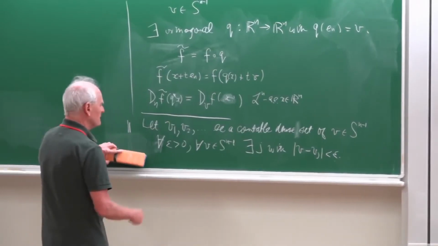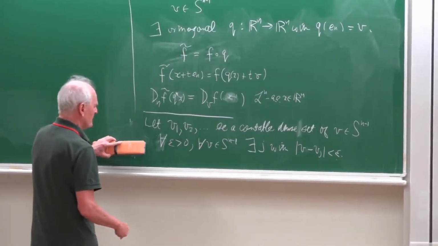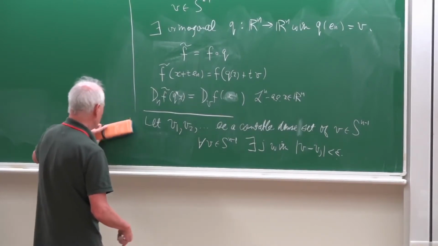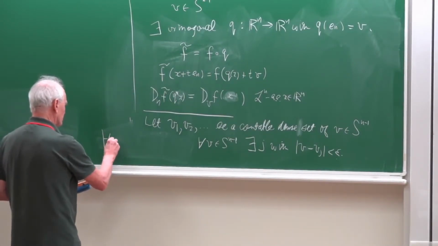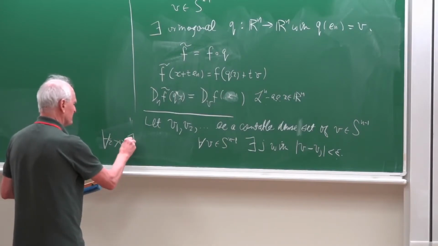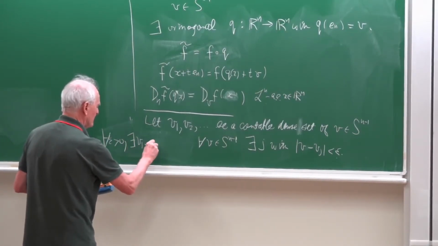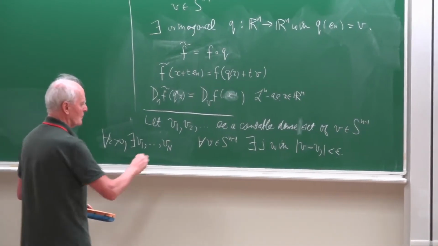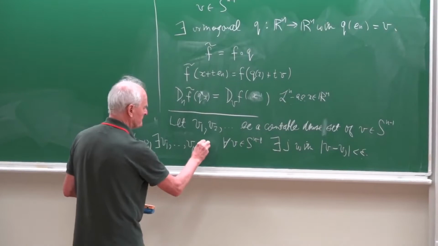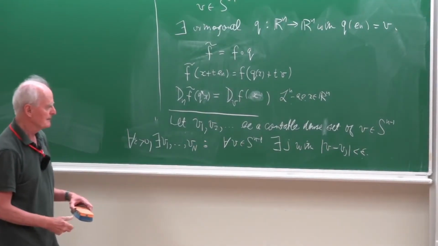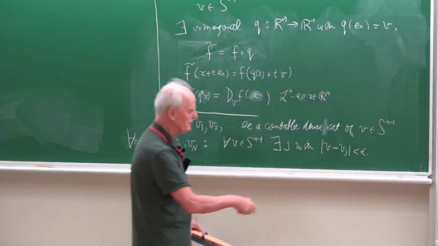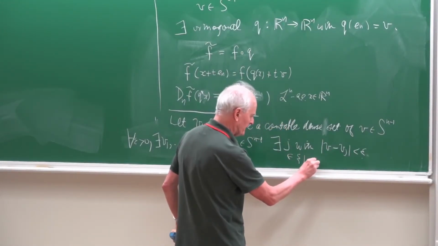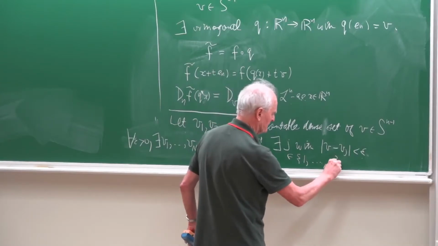So since this is a countable dense set, for every epsilon bigger than 0, there exists v_1 up to v_n, some finite collection, such that for every v there's one of these j's, for some j in this finite collection, 1 up to n.